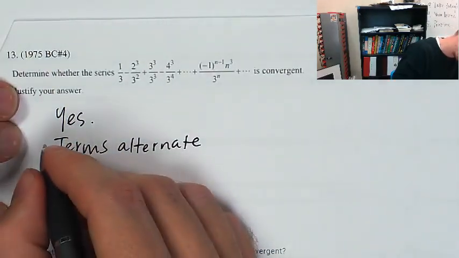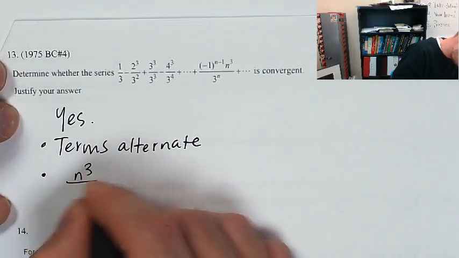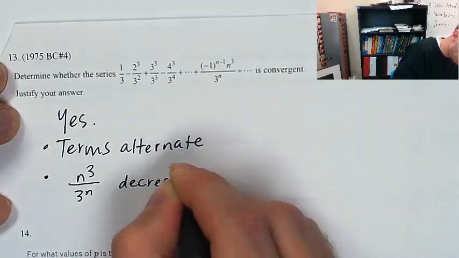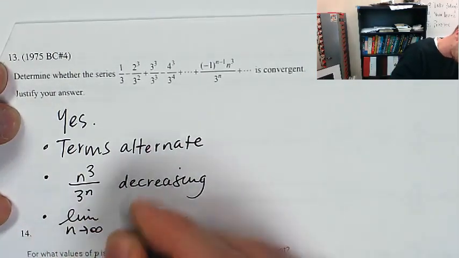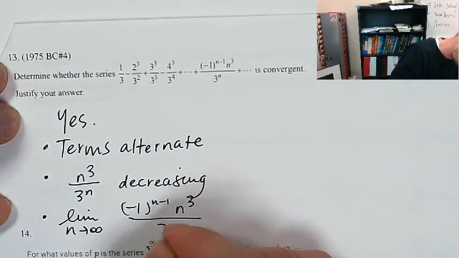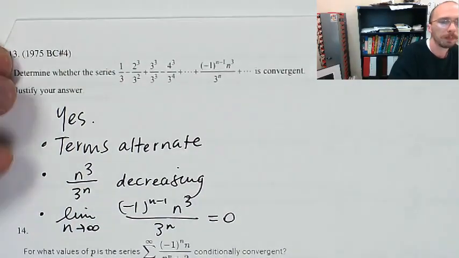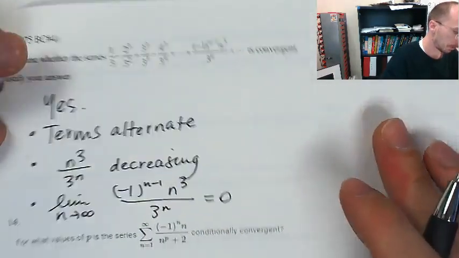And the second bullet point, n to the 3 over 3 to the n is a decreasing function. And also, the limit as n approaches infinity of negative 1 to the n minus 1 times n to the 3 over 3 to the n is equal to 0. So I'm going to conclude that yes, it does converge.